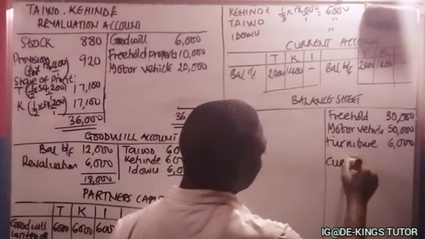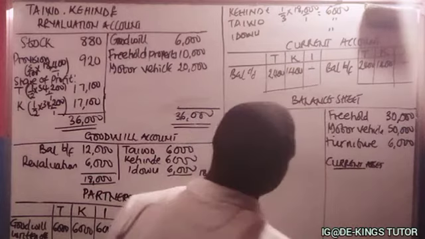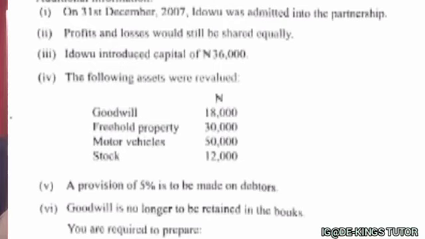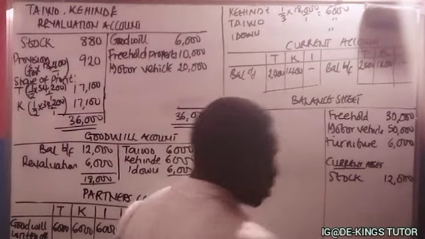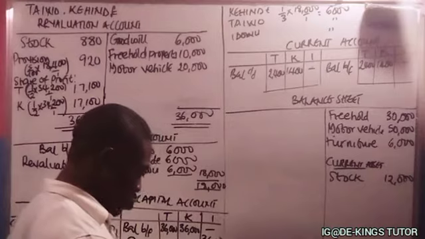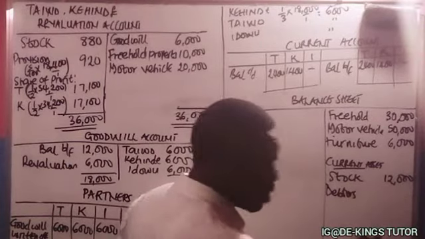Now for current assets, if you check there, we have stock. Stock was revalued, so it is the revalued amount we put. Stock is 12,000. Okay, the next one is debtors. We have debtors as 18,400.